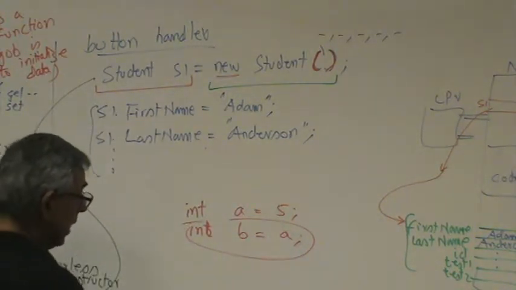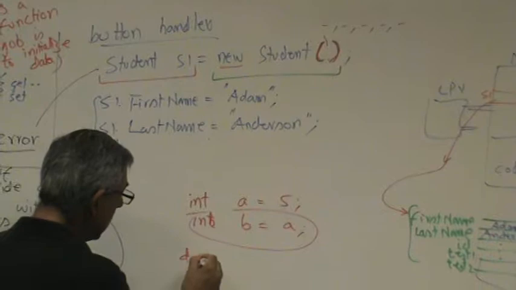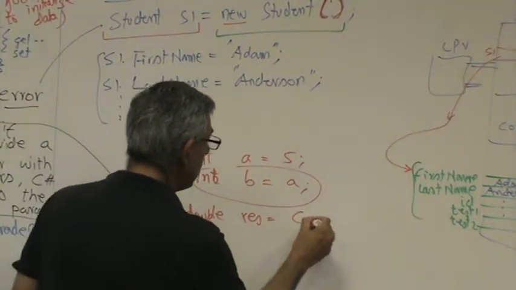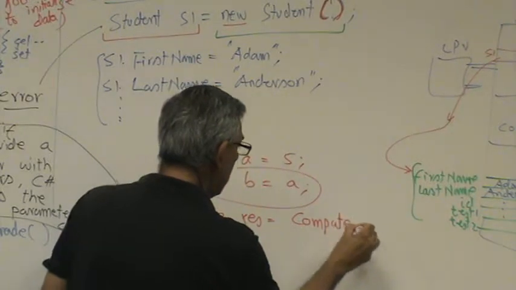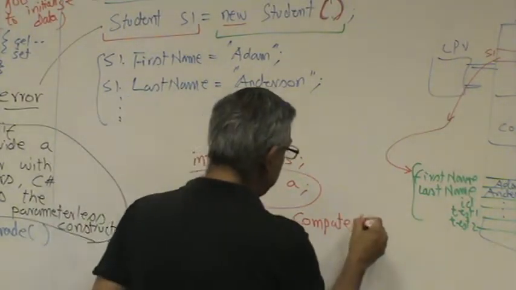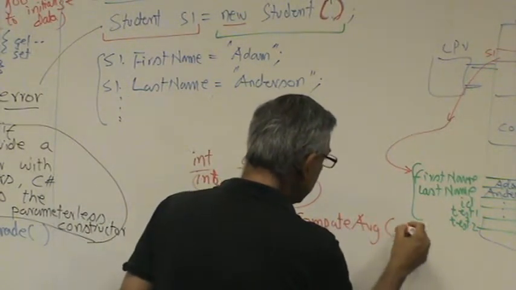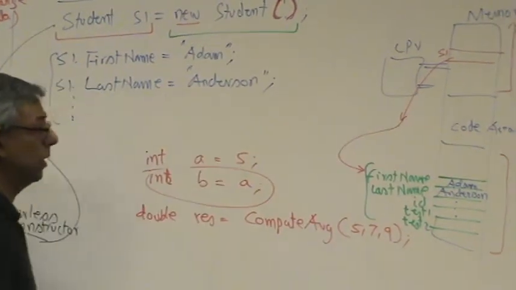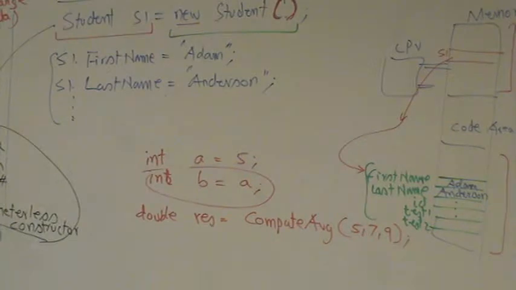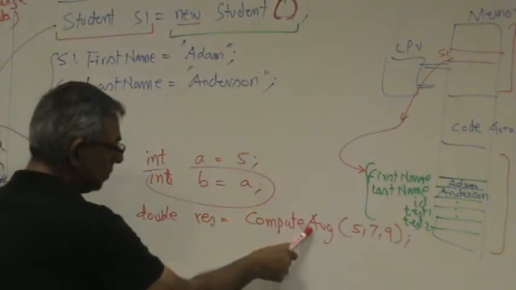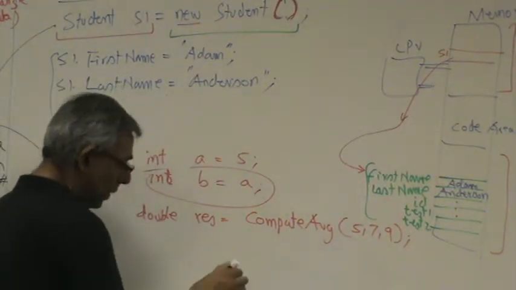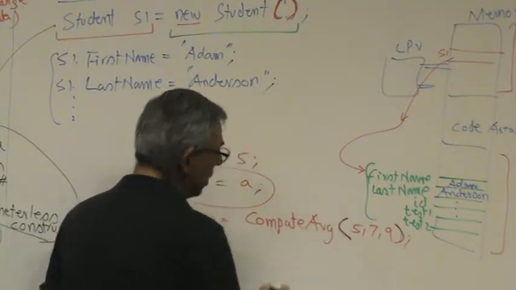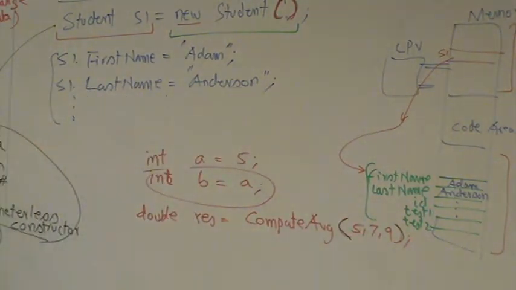But what if I say, let's say, double result equal to compute ABG, let's say 579. Pretend we have something called compute ABG. So what does this mean? What are we doing over here in this compute ABG? We are calling a function, right?